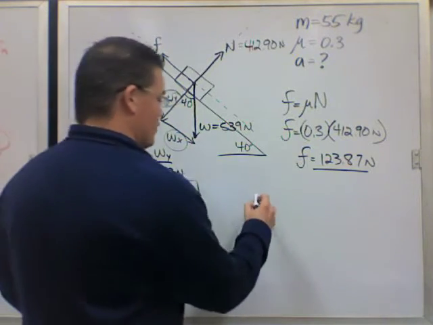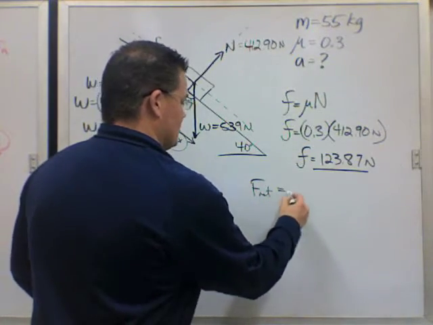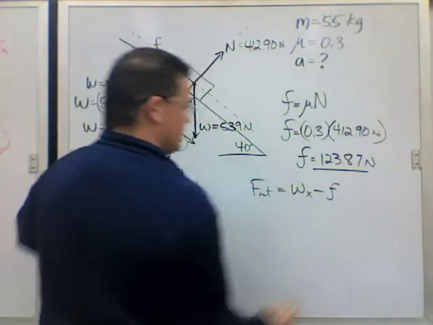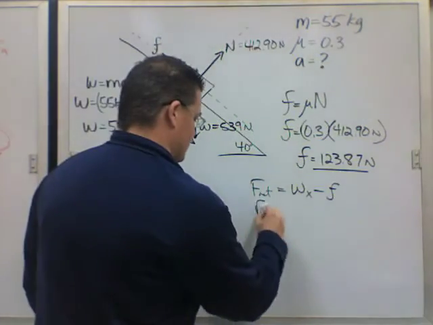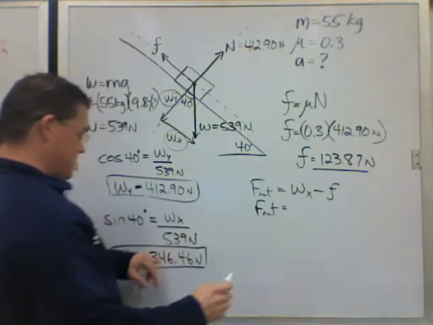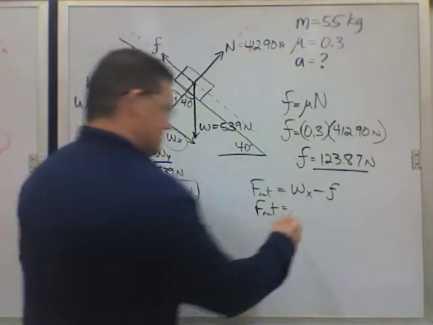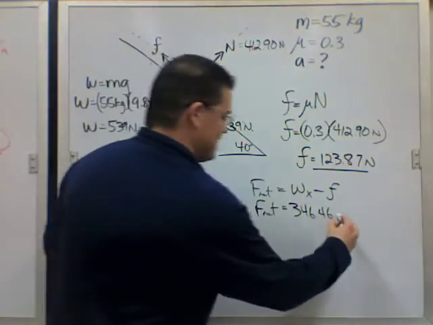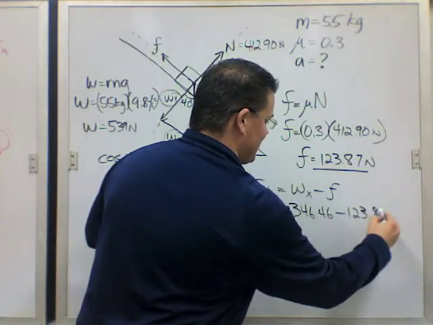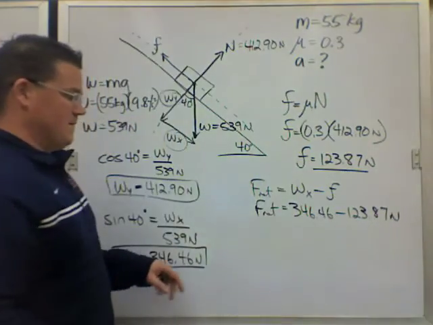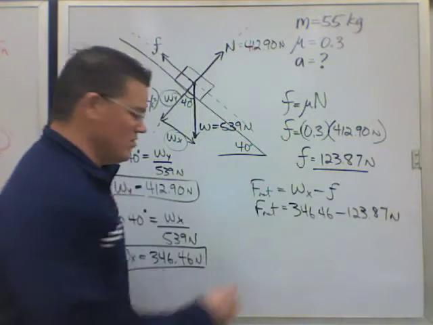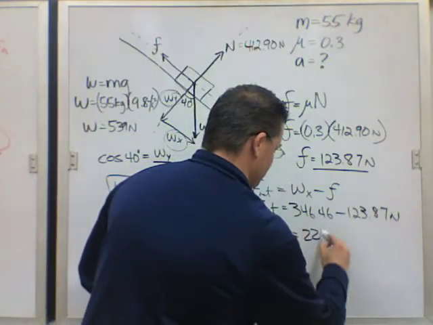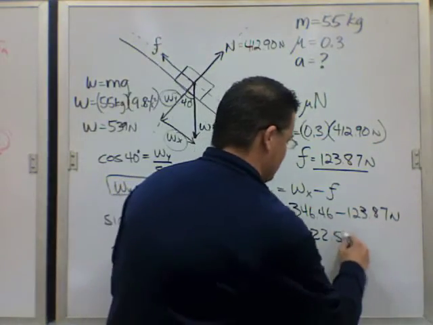So to find the net force, you know that it's going to be Wx minus the force of friction, which in this case is 346.46 minus 123.87 newtons. When you subtract those two, you get an F net of 222.59 newtons.